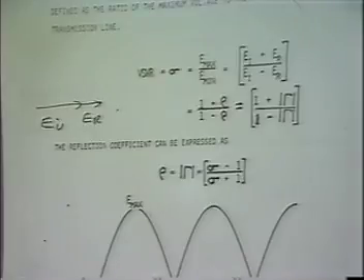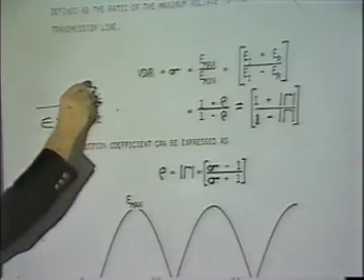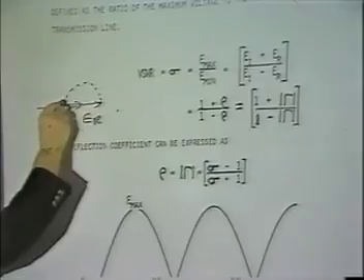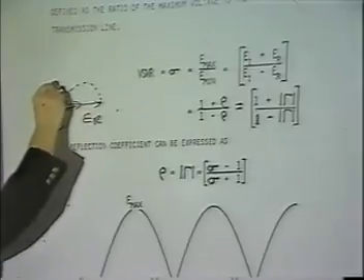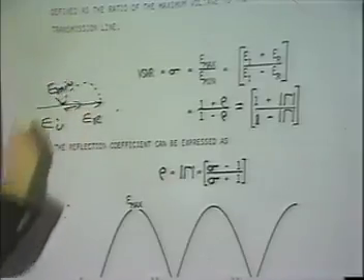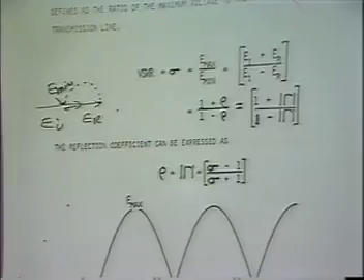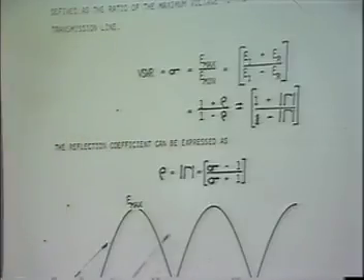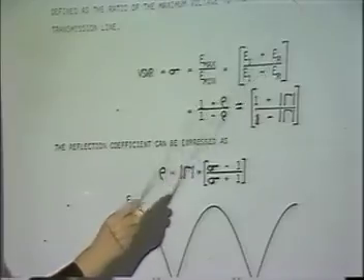When do you have the minimum voltage? When E sub R is over here, you would get the minimum voltage because it rotates around and subtracts, where they are exactly 180 degrees out of phase. We have defined that on the chart, and we will redefine it many times in the future because you'll be using that constantly from now on. E sub I plus E sub R gives you the maximum.